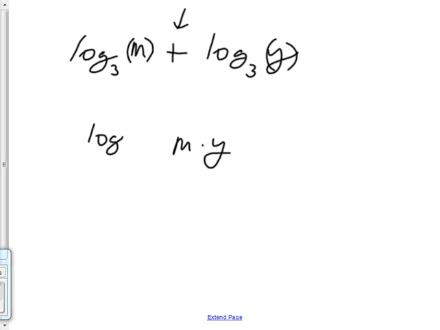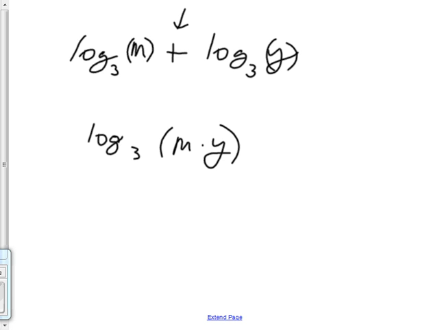Notice the directions will always say, make this a single log. And if you write the word log twice, you are doing it wrong. This is log base 3 of my. It's nice to put your argument in parentheses. It's not required, but it's nice. It makes it simpler for you to understand. If you did put minus 7 here, that means you move the whole thing down 7 on a graph.